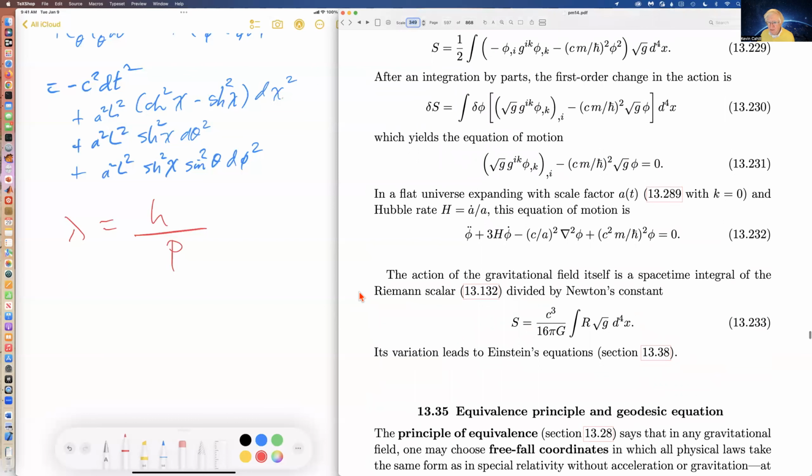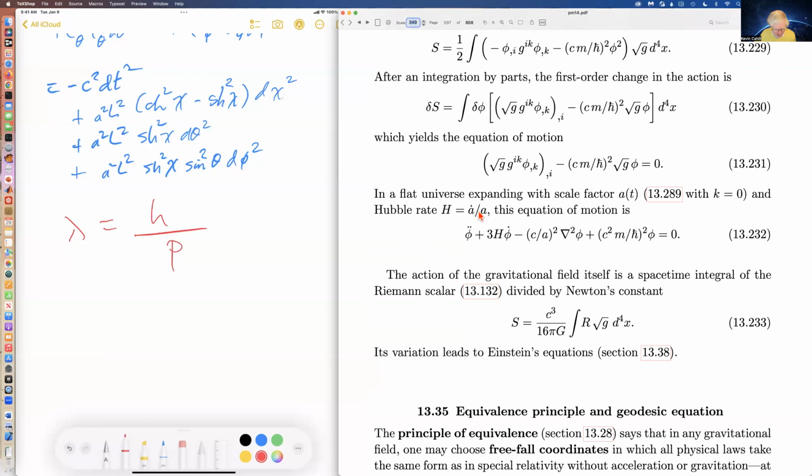And in particular, in a flat universe with an expanding scale factor, what you wind up with is phi double dot plus a dot over a. That's the Hubble rate. And the Hubble constant is this at the present time. That's the Hubble constant. Of course, it's not a constant.